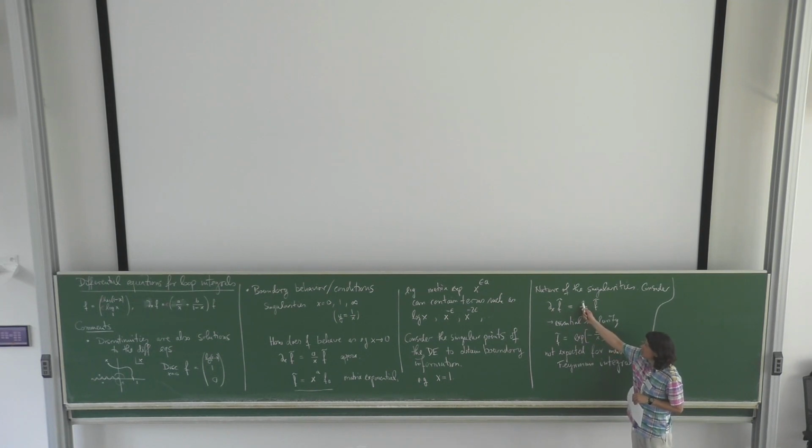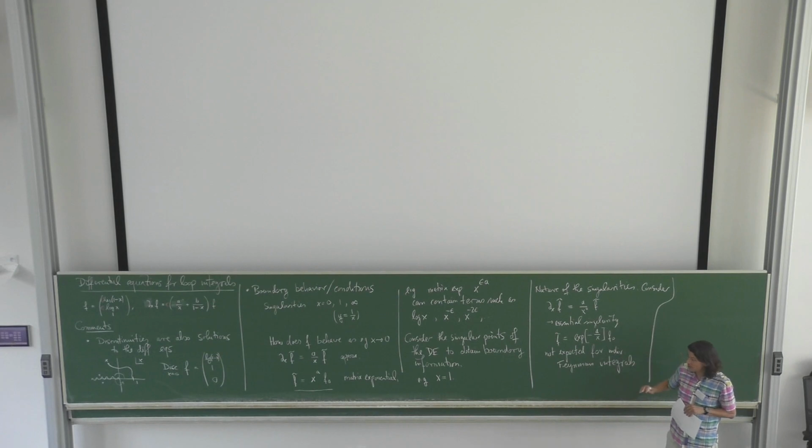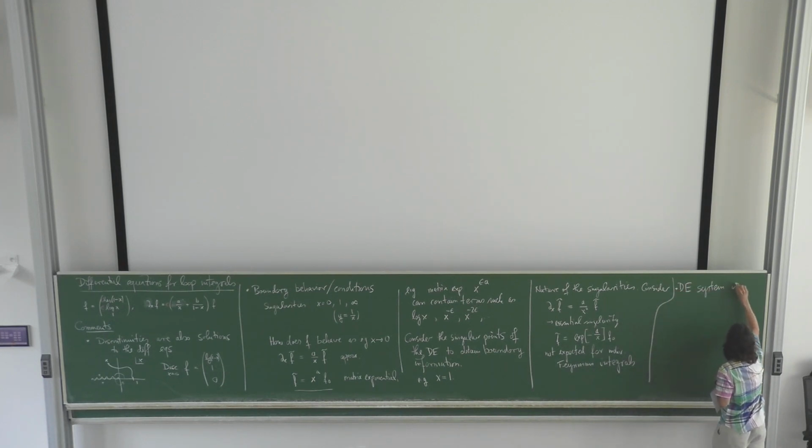Actually, here secretly I've assumed that a is just a constant. But in general, A and B, or in general the right-hand side of a differential equation, is a matrix, and that makes things a bit more subtle. And so this is related to the next point. Our differential equation system is not unique.